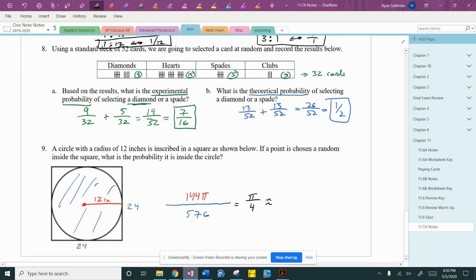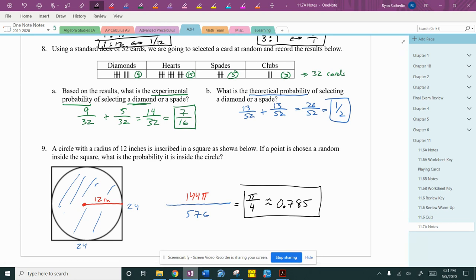And then if I do that as a decimal to 3 decimal places, I got 0.785. So what that means is there is almost a 79% chance that if you were to pick a point, it would be in that circle, which makes sense. That's where most of the space is. So when you're doing geometric probability, a lot of that's going to deal with area formulas and mixing those.